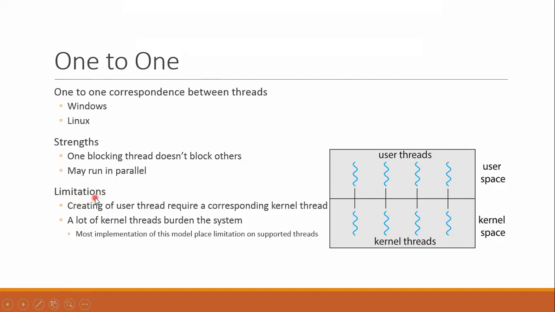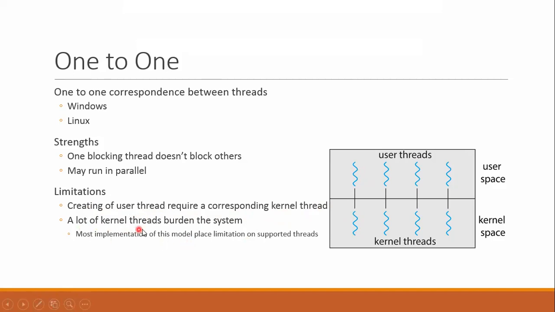The limitations of this model include that creating a user thread requires a corresponding kernel thread. So for every user level thread, there should be a corresponding kernel thread. It is an overhead that to support a user level thread, we must create a kernel thread, which is purely an overhead.